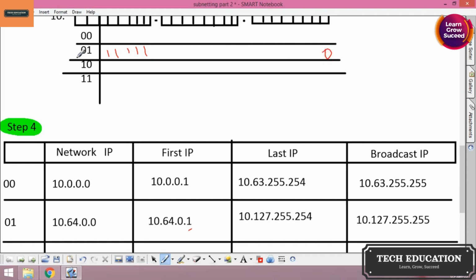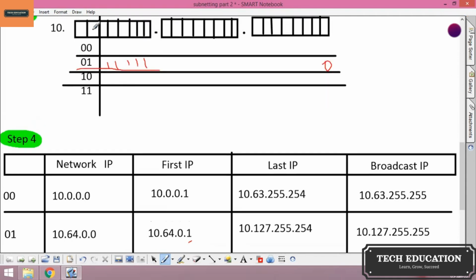So now this side total is 255. So this side only 0 is available. So 255 minus 128 is 127. And this side also 1 1 1, 255. And this side, except the last bit 0, 254.